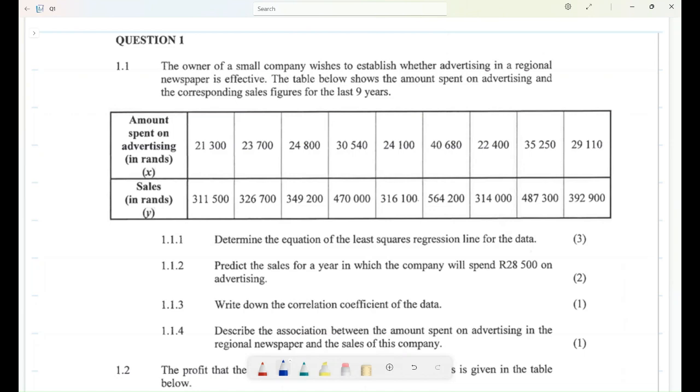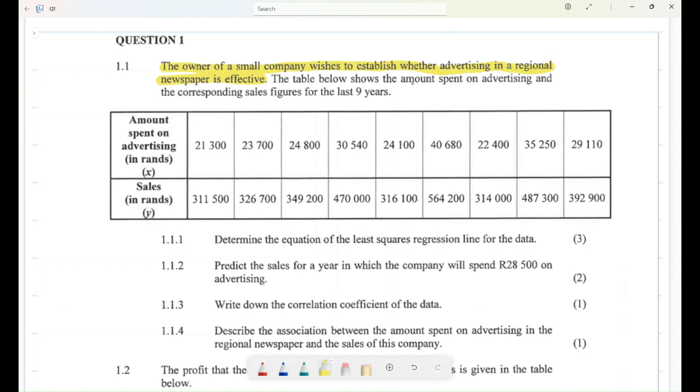In today's video, we're going to look at the May-June 2023 question paper that was written by those who were upgrading in that particular year. It starts with question one, which is statistics. The owner of a small company wishes to establish whether advertising in a regional newspaper is effective.